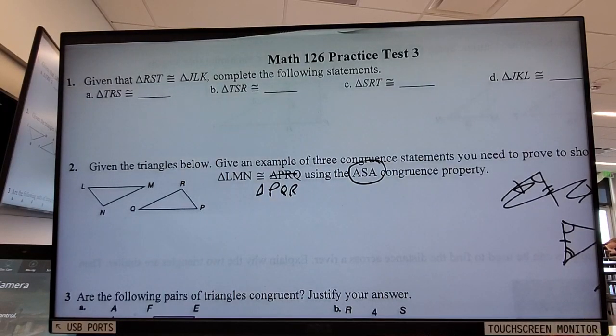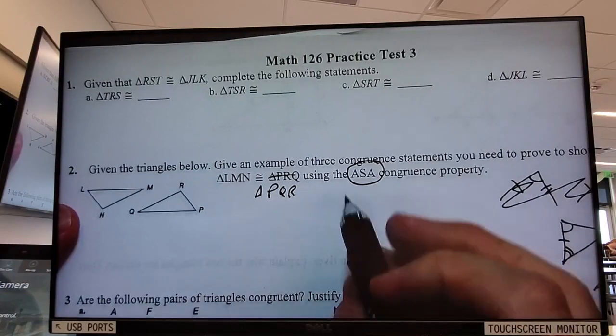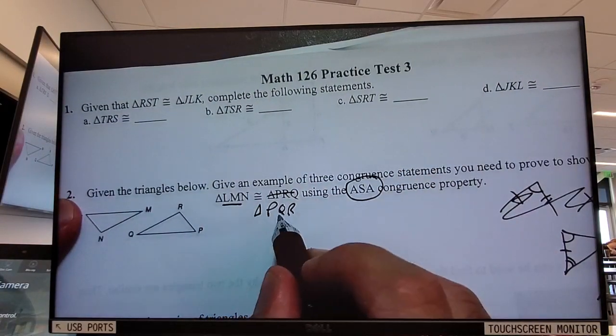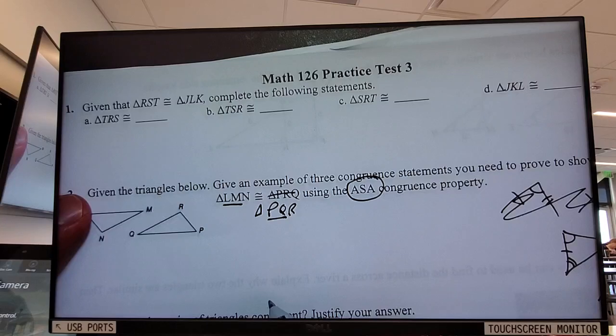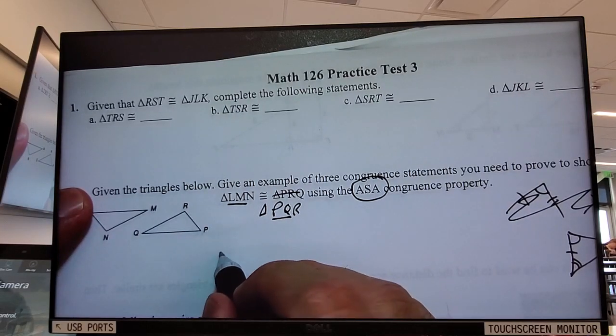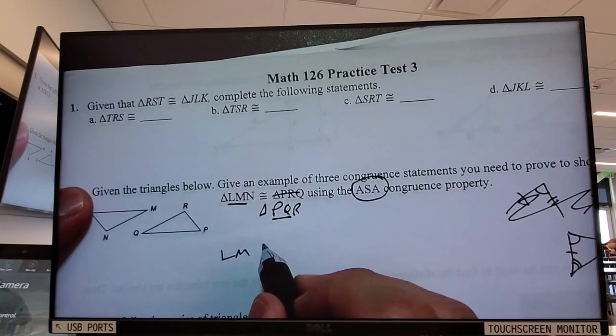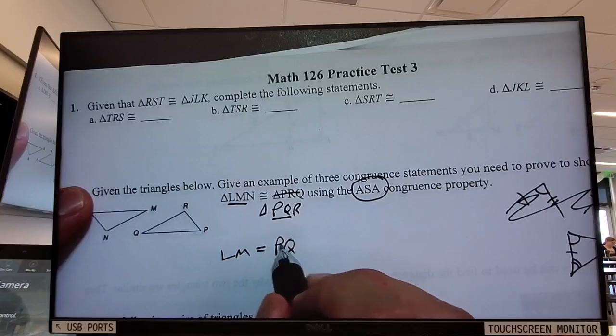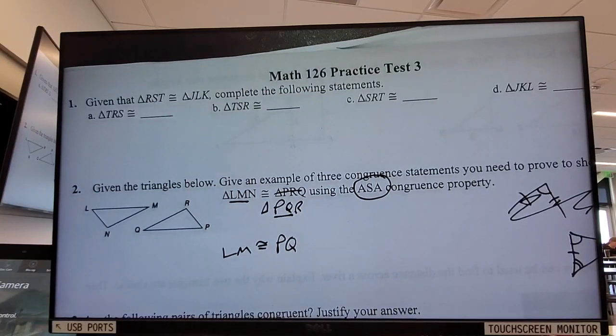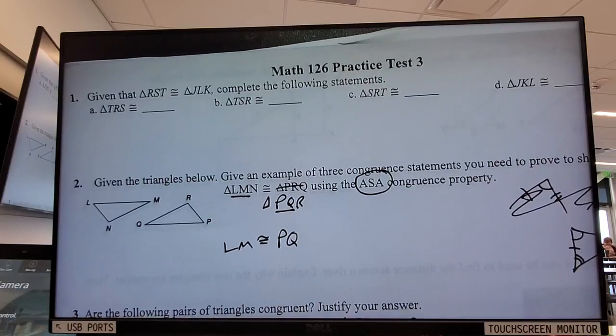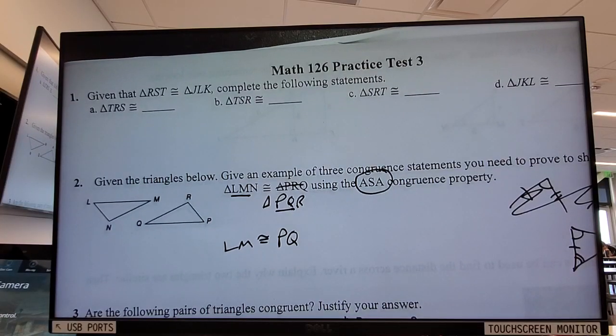So one thing you could do to keep it straight is, do you see how LM and PQ go together? So then the measure of LM would have to equal the measure of PQ, would be congruent, sorry. Yes? What two angles are off of the two sides of that side? It's a weird way to say that.